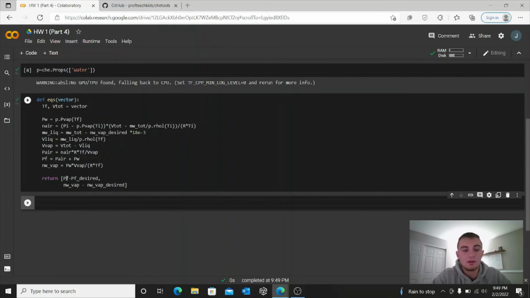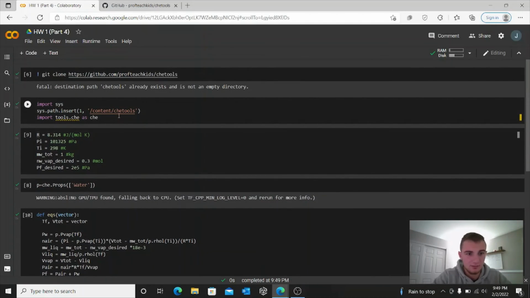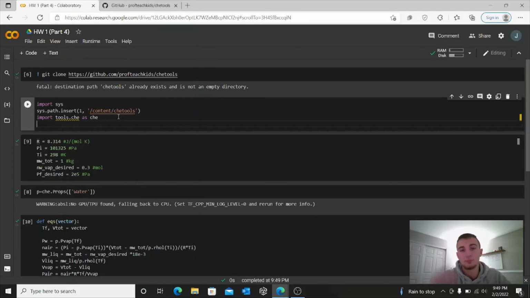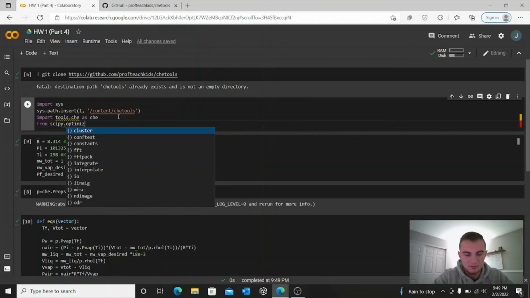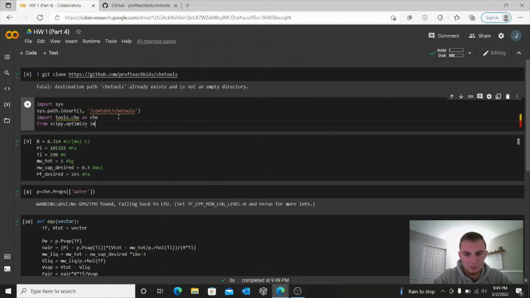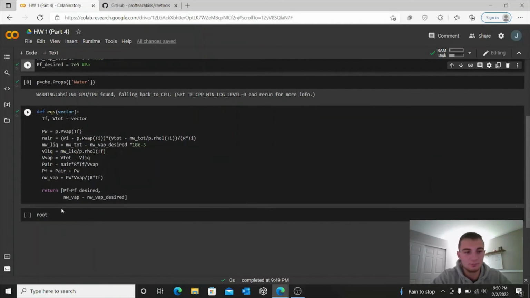Now that we have entered in the relationships, and we have the two equations that we want to drive to zero, we can use the root solver for our function. Before I can use this, I have to import root from SciPy optimize. So I'll do from SciPy optimize import root, and that will allow us to use the root solver.